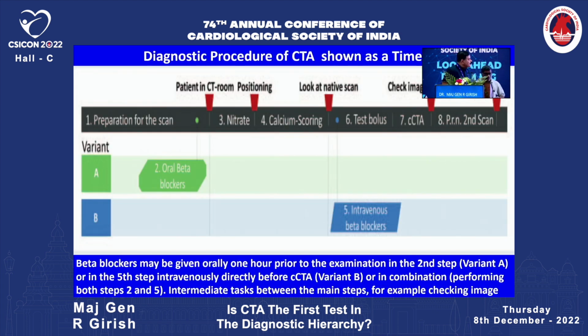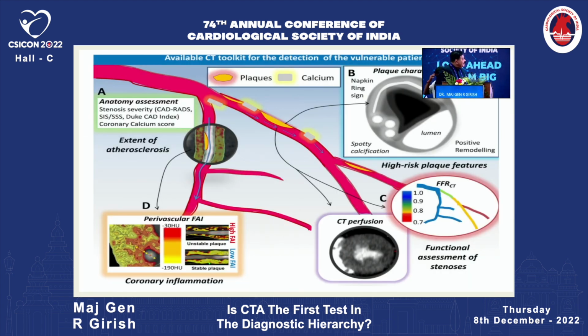This is a diagnostic procedure of CT shown as a timeline. The CT toolkit enables anatomic assessment in the form of assessment of stenosis severity and calcium score, plaque characterization, determination of hemodynamic significance by way of CT-FFR, objective evidence of inducible ischemia by CT perfusion, and most important, coronary inflammation, which can be assessed by perivascular fat attenuation index.